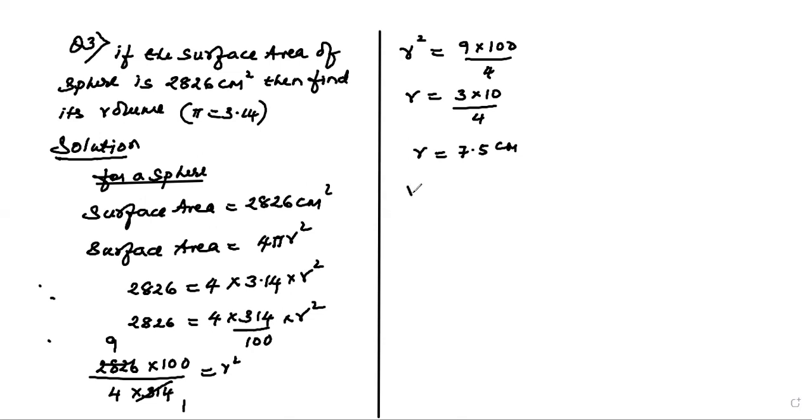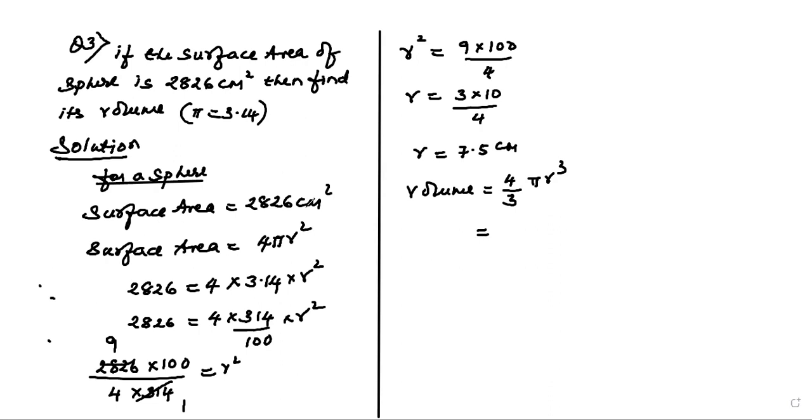Now, find the volume. Volume equals, children, 4 upon 3 pi r cube. So what am I going to do?